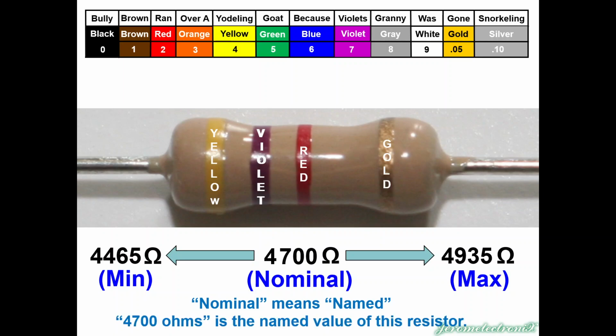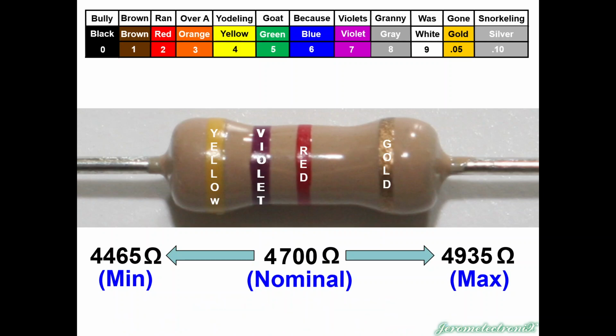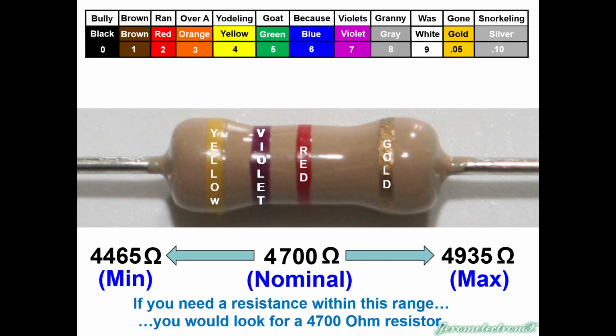So the name of this resistor, its nominal value, is 4,700 ohms. That's the named value of this resistor. But it serves any resistance within the needed range. Okay. So if you need a resistance within this range, you would look for a 4,700 ohm resistor. Now, what does that mean if you needed a resistance within this range?